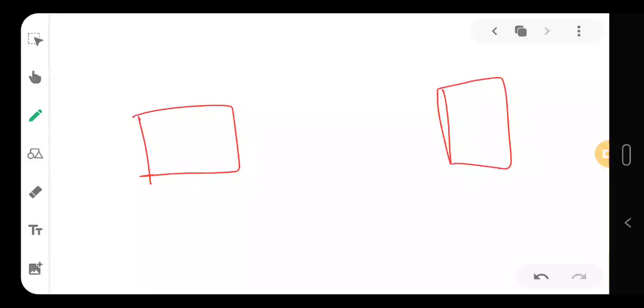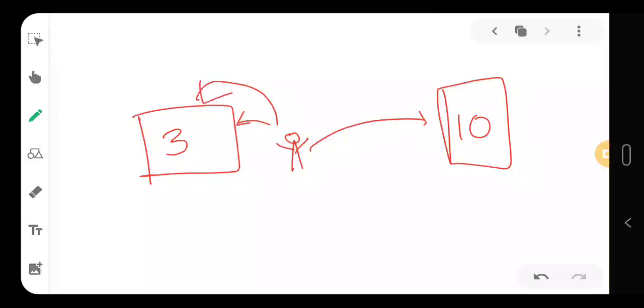Okay, let's say you have two rooms. In one room you have 3 people, in the other room you have 10 people, and you are not having any home, going here and there. Where will we go, here or here? Obviously we'll go here, because more vacant space is there.